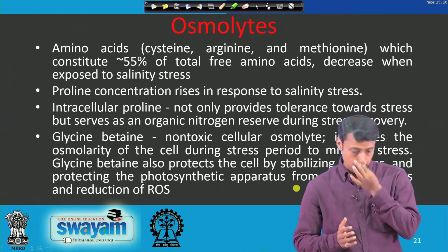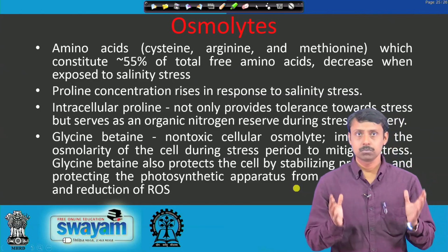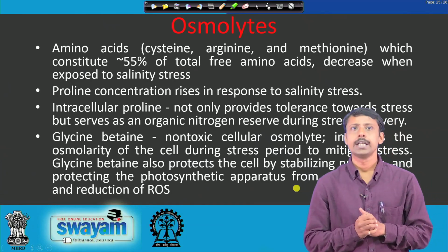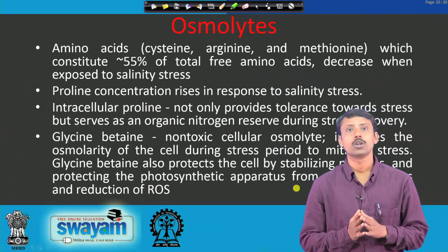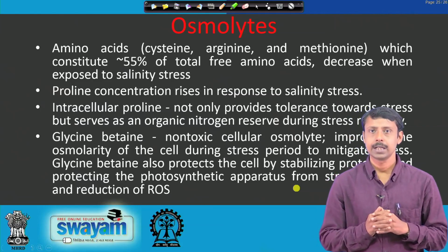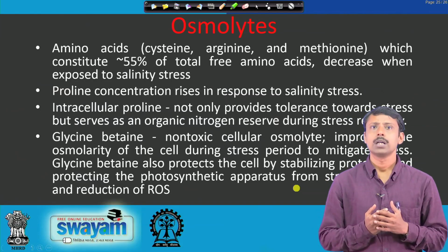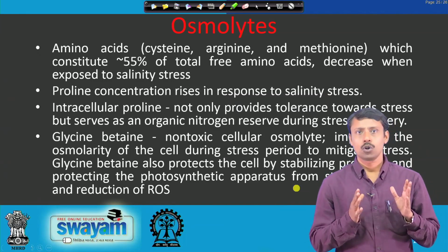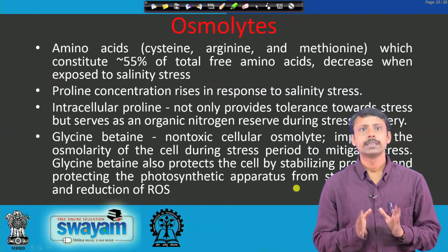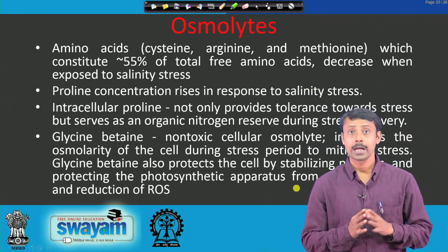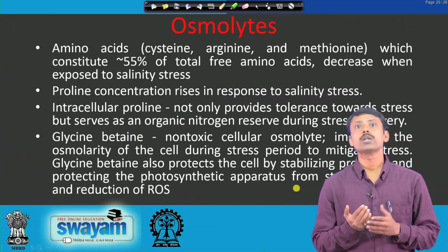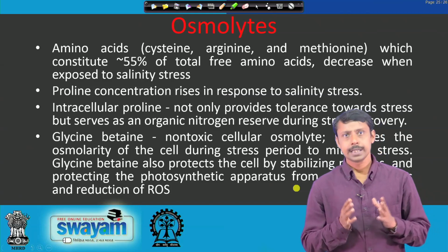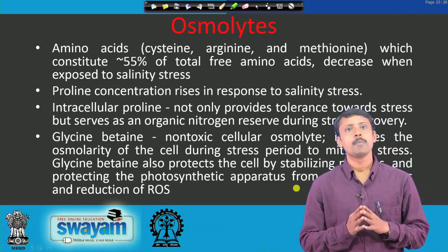dehydration. Okay. So, in the natural system in our cell, some amino acids like cysteine, arginine, methionine constitute around 50% of the total free amino acids, and once the plant encounters salinity stress, their levels of cysteine, arginine, methionine are drastically reduced, and at that particular condition the proline concentration rises in the system, and proline is a very important amino acid.